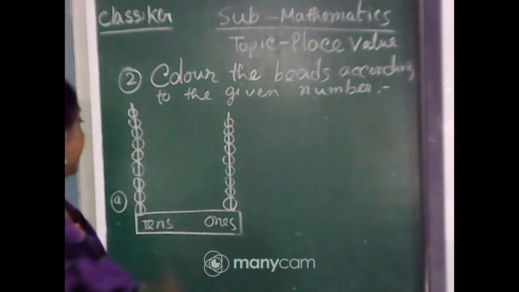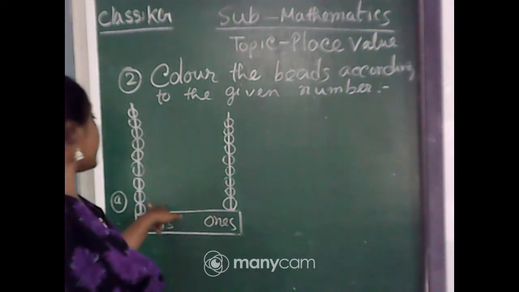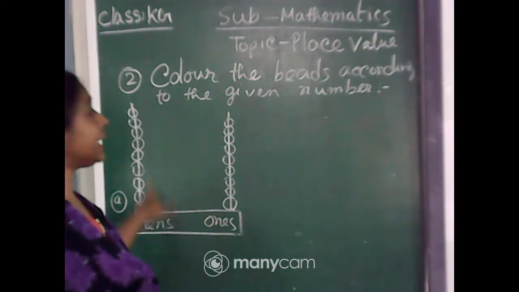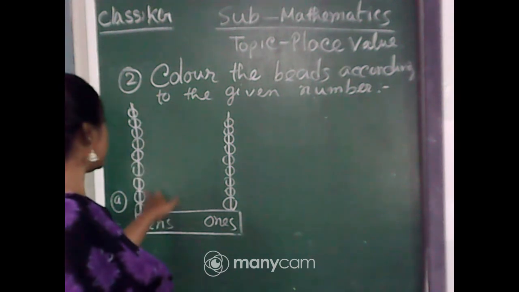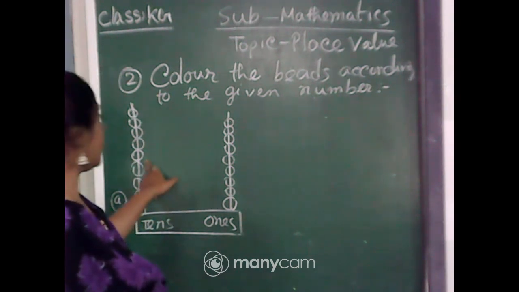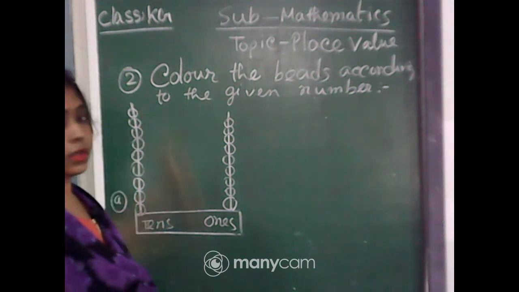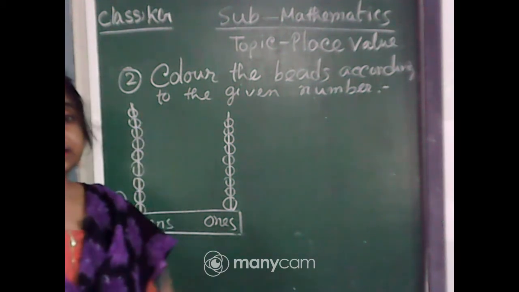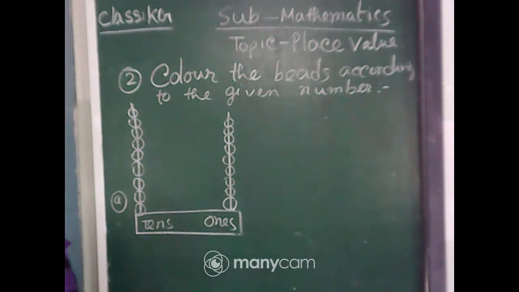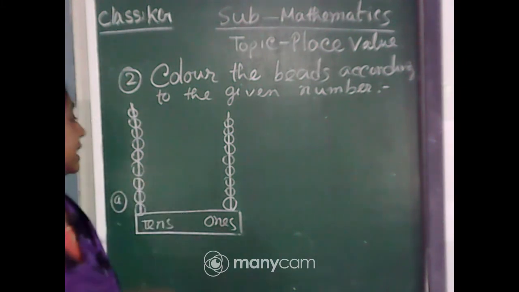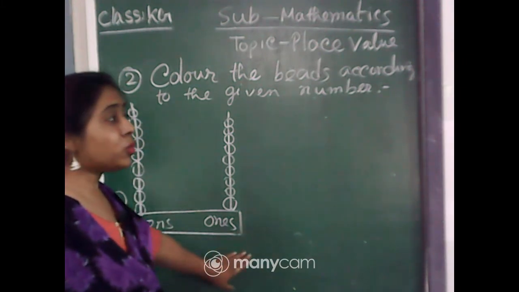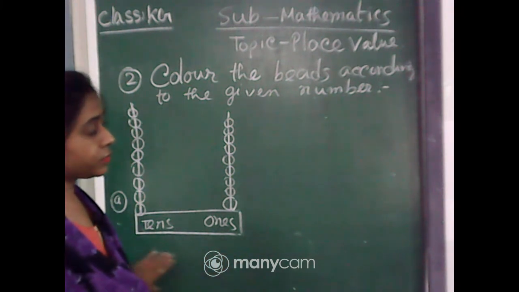In the tens column also we have drawn 9 beads. You will see very carefully that this is in 2 rods.